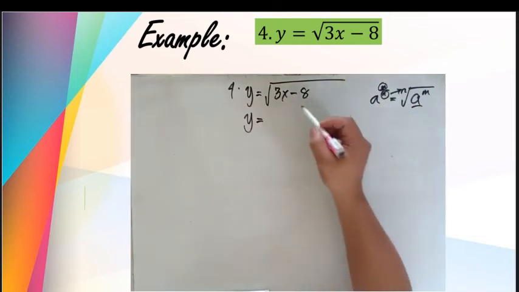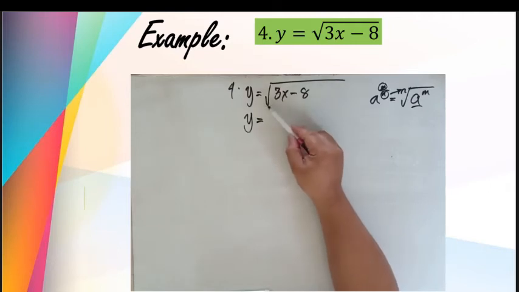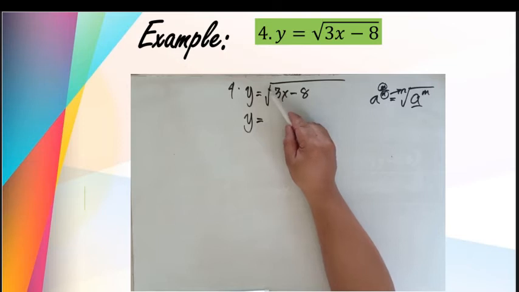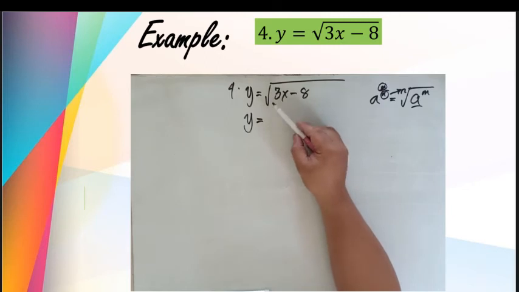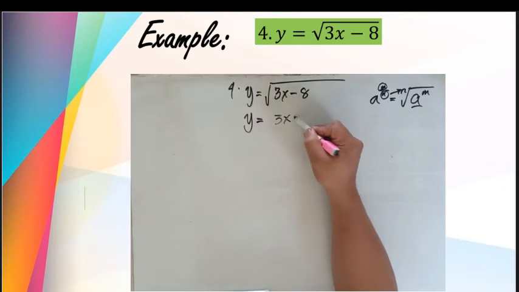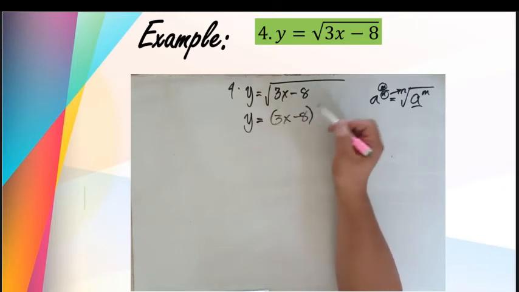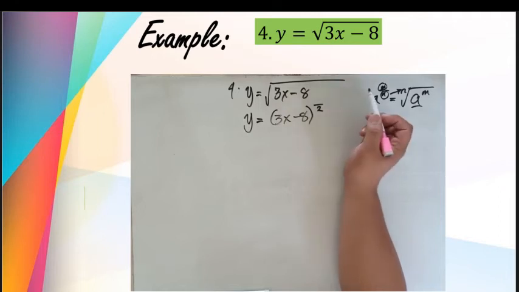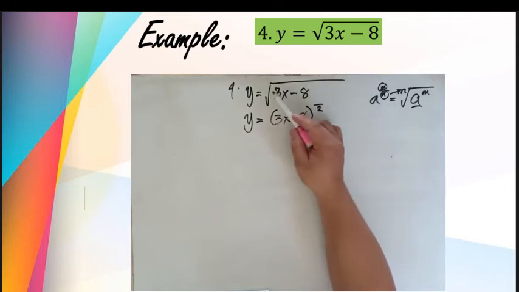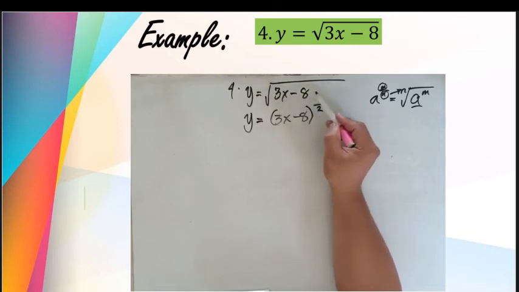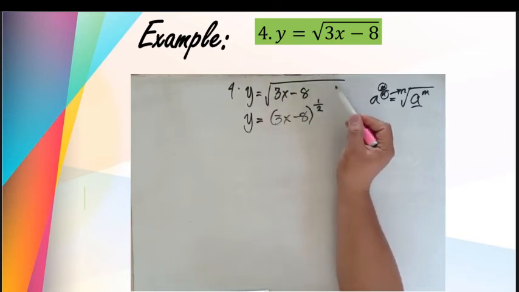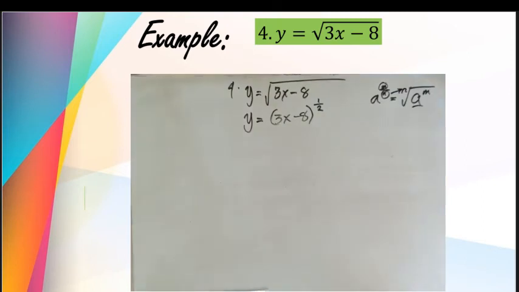If we use the square root symbol and there's no number written in the index, it is understood that the index is equal to 2. So we could rewrite that as 3x minus 8 in parentheses, where the index is 2, that's why the denominator is 2, and this whole base is raised to 1, so that's the numerator. So we have an exponent 1 half.